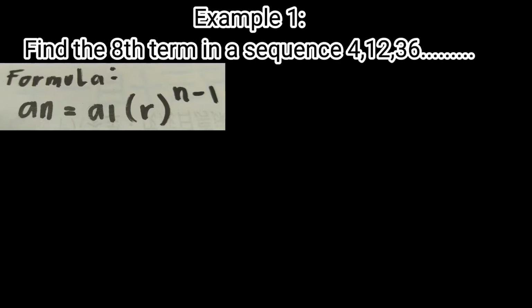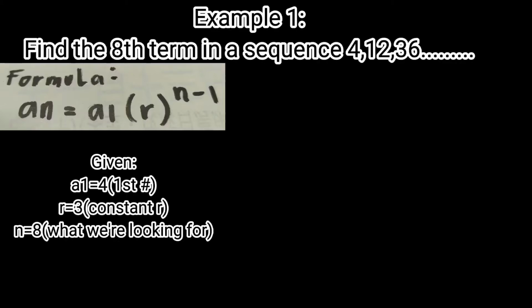Now, first, what are the given terms? We have A1, which is 4, which refers to the first number, and R, which is 3. This is what we call our common ratio or our constant R, and n, which is 8, and that is the term we're looking for.